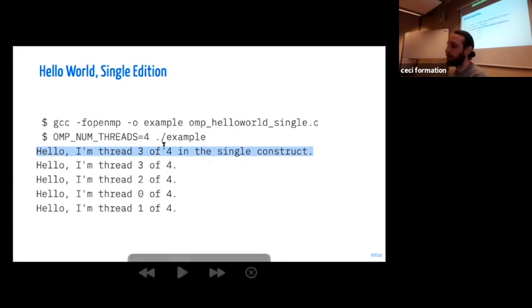And also we can see that nothing is printed before because basically the first thread arrives and then all the threads wait before printing the hello world line. So this is why this line is the first one, because it's executed by the first thread and all the threads have to wait before printing the hello I am thread, thread ID of end thread.